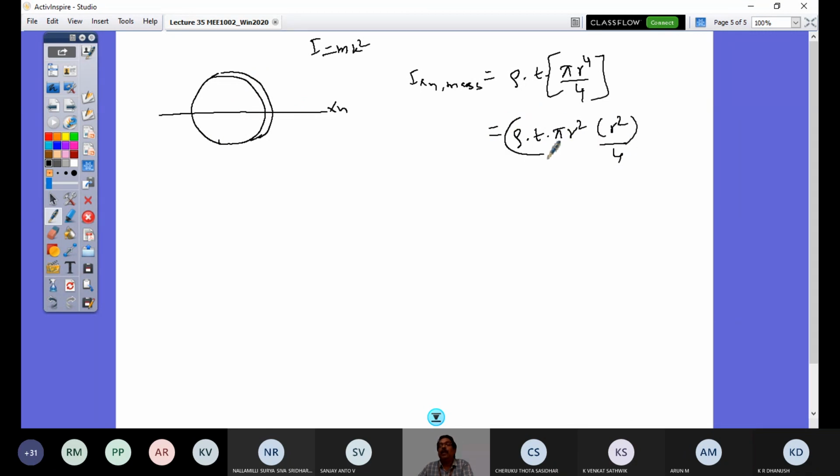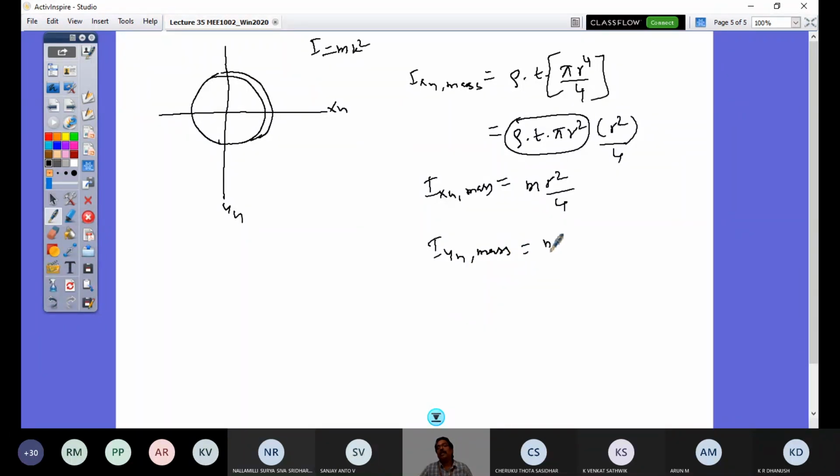So this quantity is the mass of this circular plate times r squared by 4, which is IXG mass. The same, if I have my YG axis, if the circular plate is rotating about the vertical diameter, I would get IYG mass the same as this, mr squared by 4.